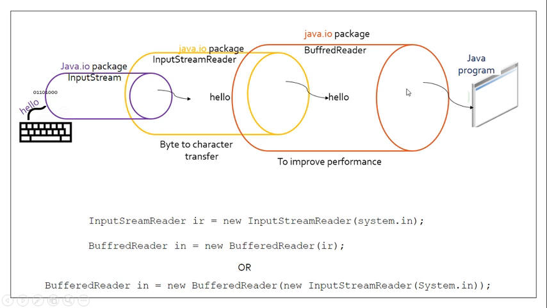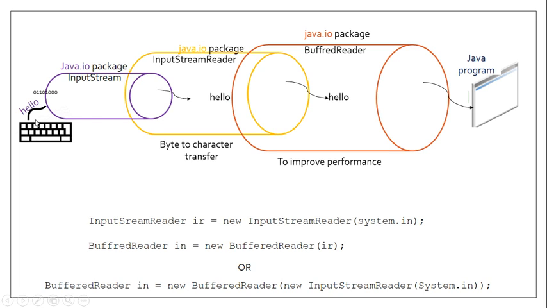You must be wondering why there is a need for BufferedReader. Why can't InputStreamReader directly move the converted characters to the Java program? There is a performance issue. To improve performance, we have BufferedReader, which carries the character string faster to the destination. Let's try to understand how this flow actually happens, with the animation.